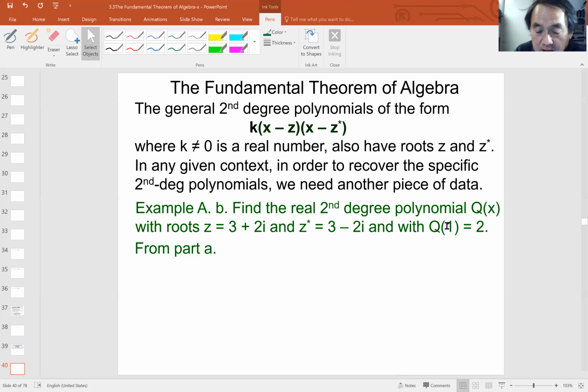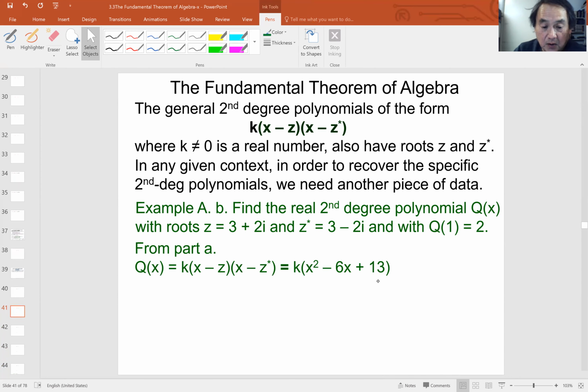It will tell you, for instance, that when you put in x equal to 1, the polynomial will calculate the output as 2. Okay. So from the previous part, I know the polynomial q must be some constant times the answer we got.